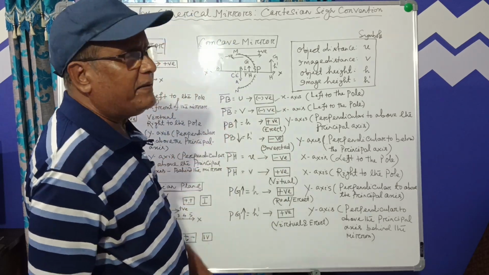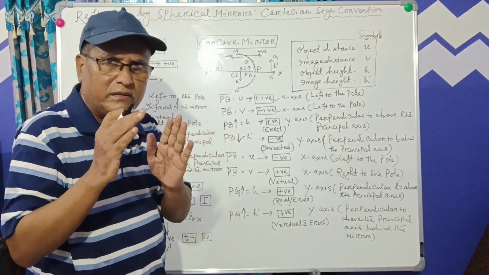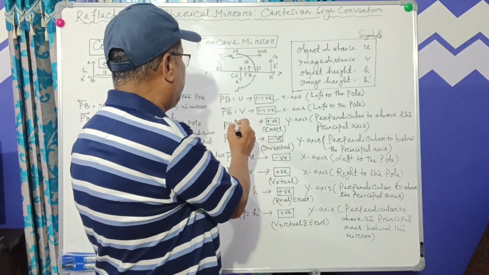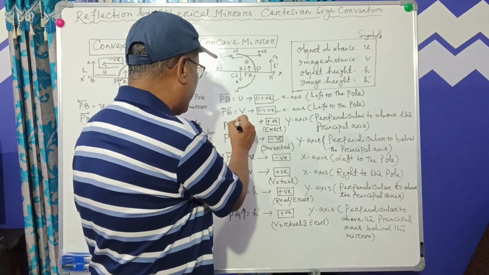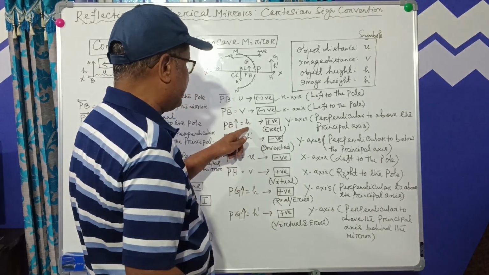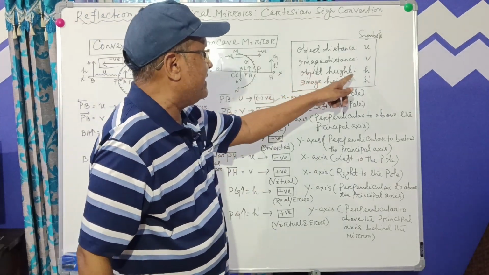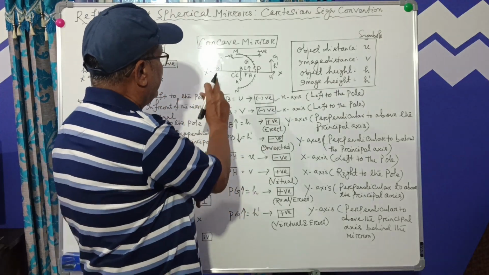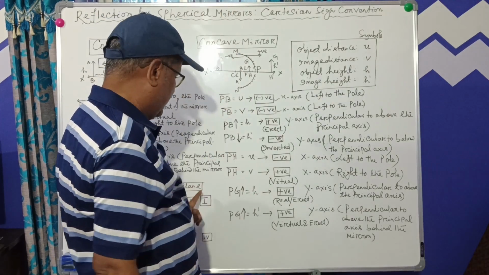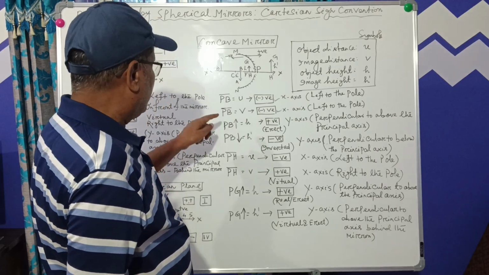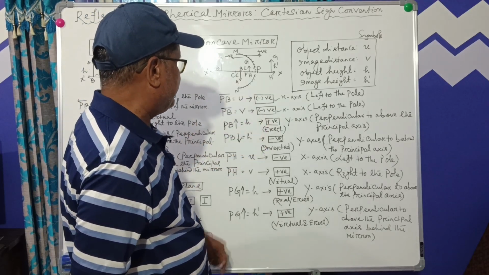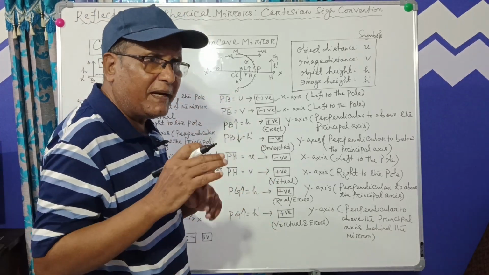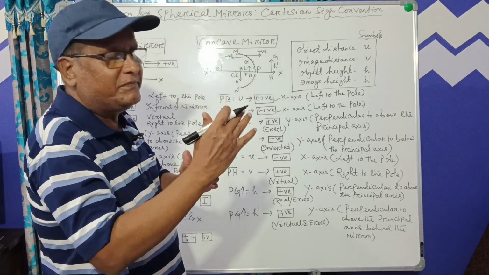Now the object height: AB is the object height, denoted by the symbol h. It is the y ordinate, so it is positive because it is perpendicular to the principal axis and above the principal axis.